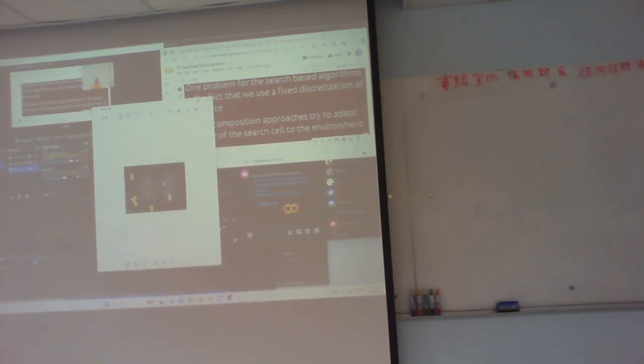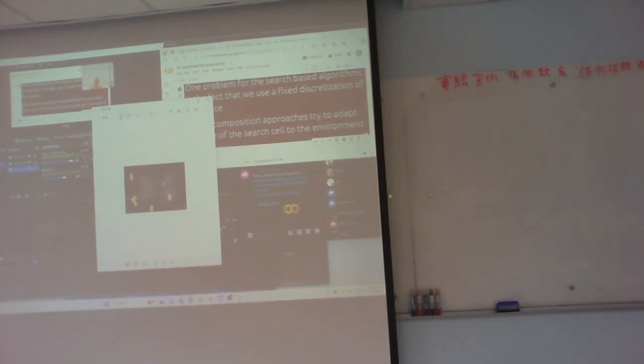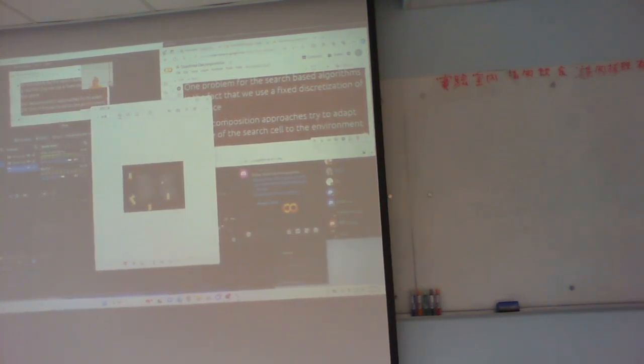Now, there are different types of cell decompositions that people have proposed, trapezoidal ones, where by cell decomposition we break up the environment into different parts. So you break it up into sort of four-cornered pieces, right? Slices through the environment. And we can see that here, for example.